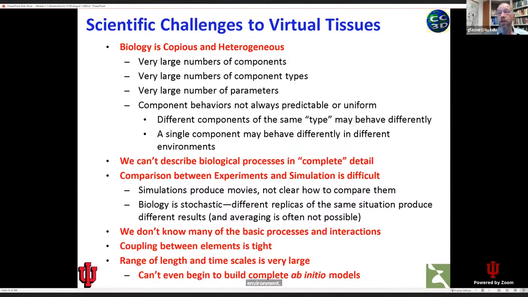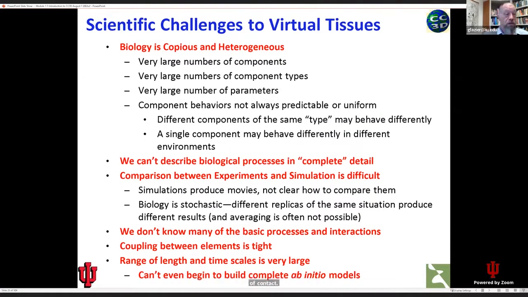Something that's really important is that there's a tight coupling between elements. It's not only that cells respond to their environment, but cells change and create their environment. And so you have a situation where cells are creating an environment that they respond to themselves. And that tight coupling is why this kind of modeling is essential. It's why methods like artificial intelligence really don't work very well in these kinds of contexts.